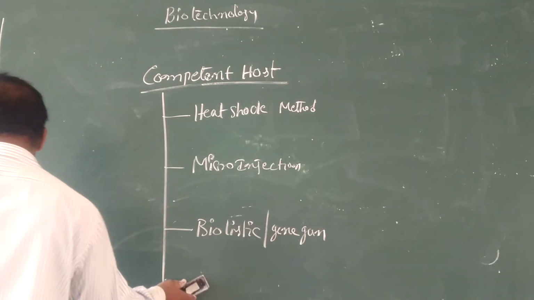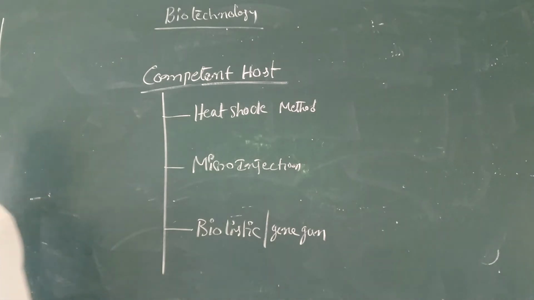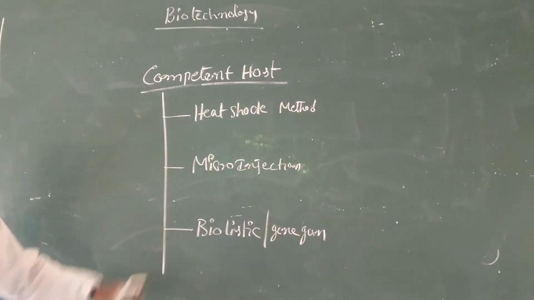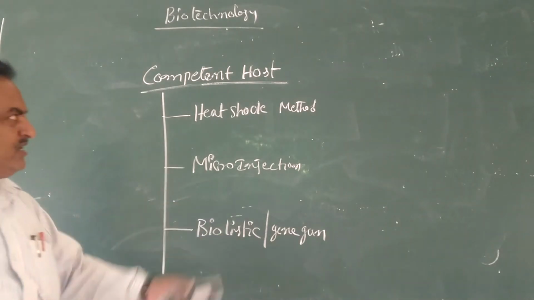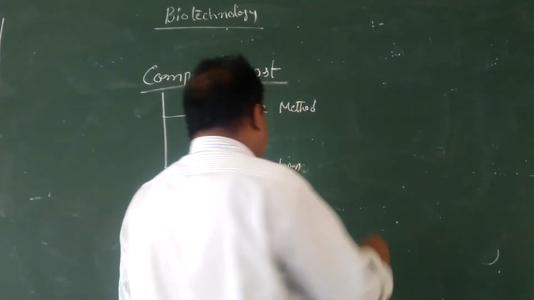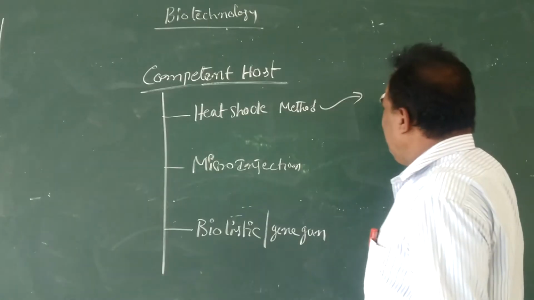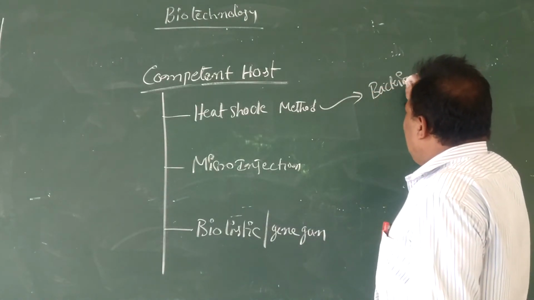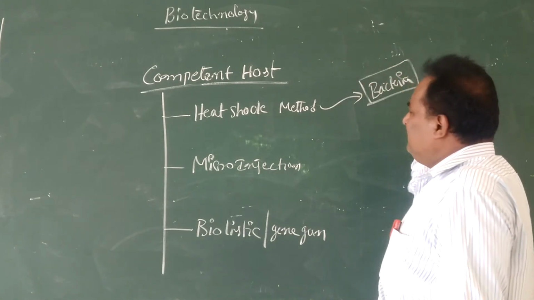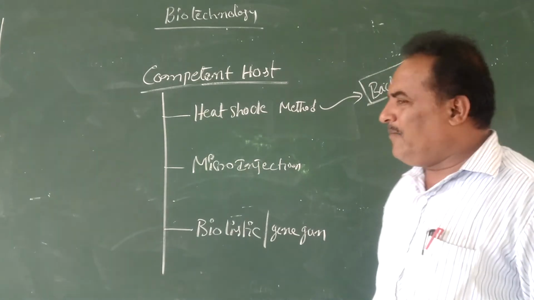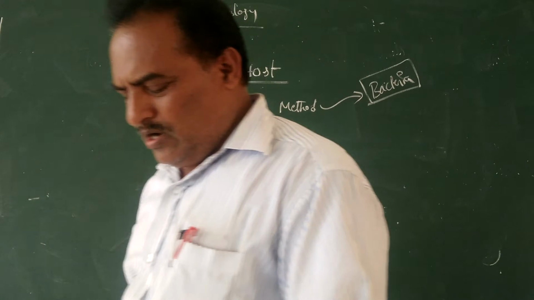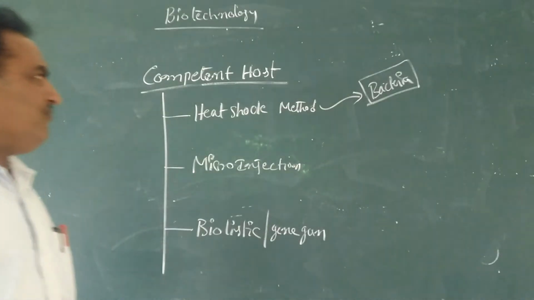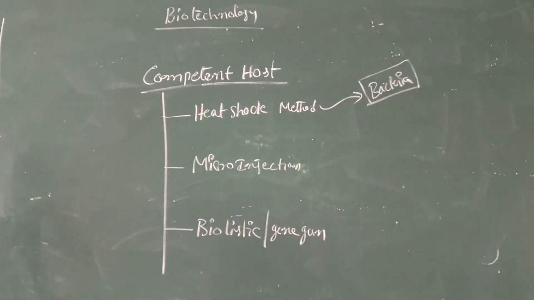Disarmed pathogens are also used. Particularly, the heat shock method is used for bacteria, so that the bacteria may become competent to accept the foreign DNA or rDNA.